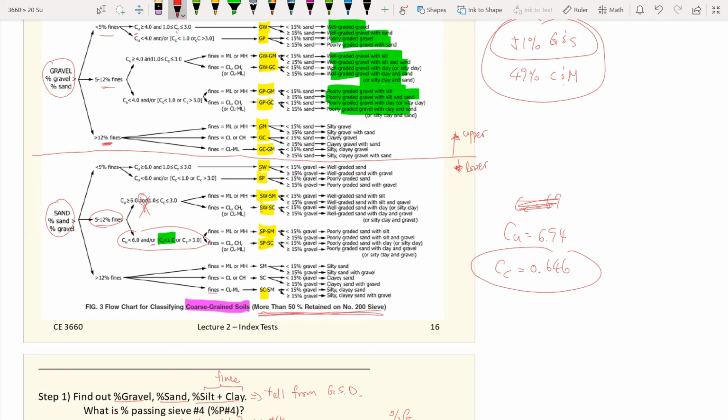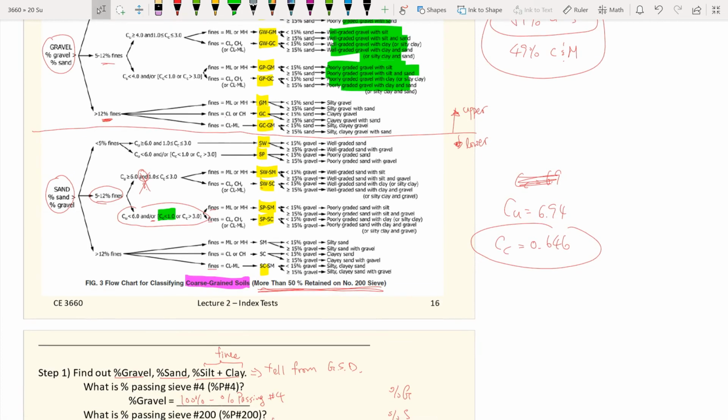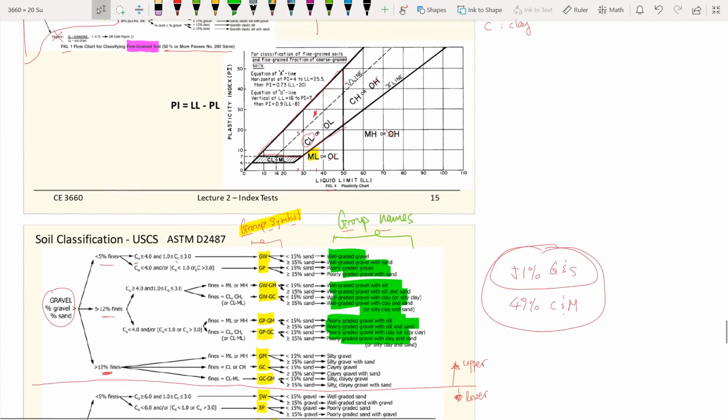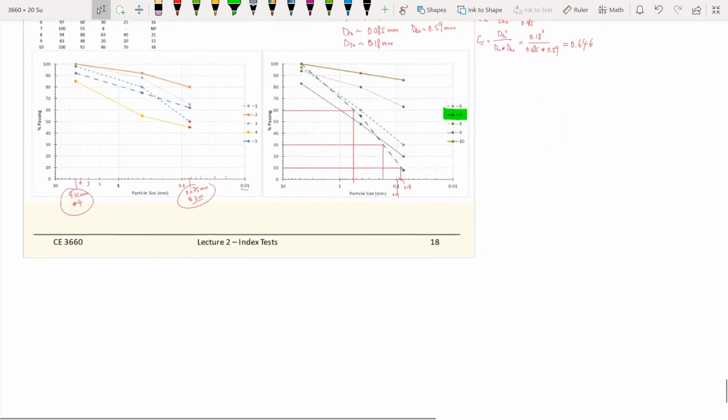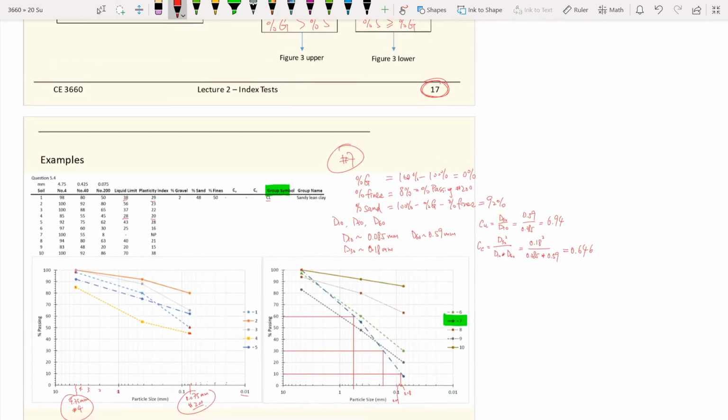Okay, the next step in solving this chart, going with this flow diagram, is that we need to look at what kind of fines we have. Whenever they ask for the fines, you need to go back to figure 4. Anyways, for sample number 7, we keep solving. We have the fines. In this case, the liquid limit is dash, and the plasticity index is dash, which means they tested the percent fines, but it turns out it's not sticky at all. There's no cohesion.